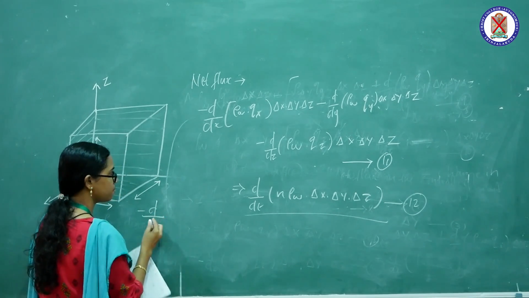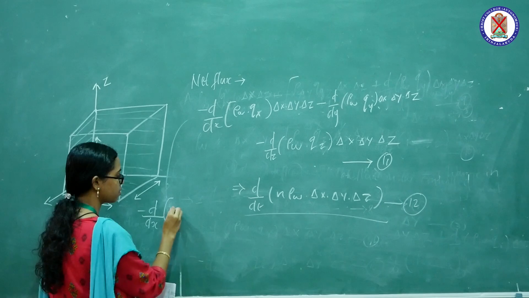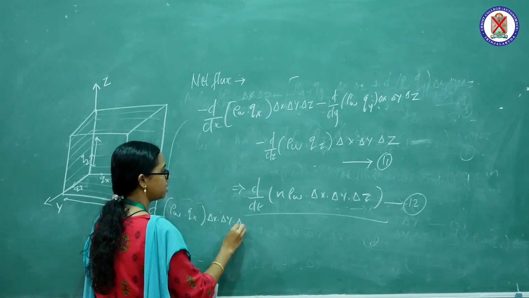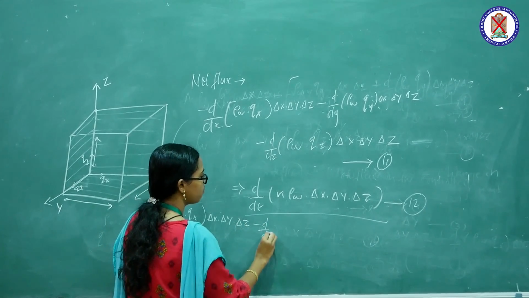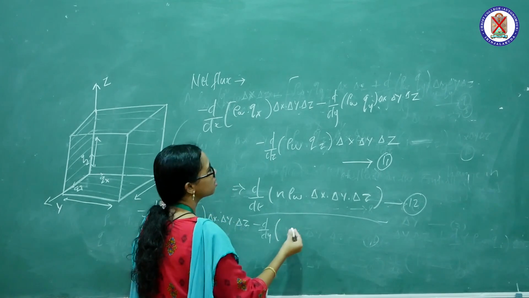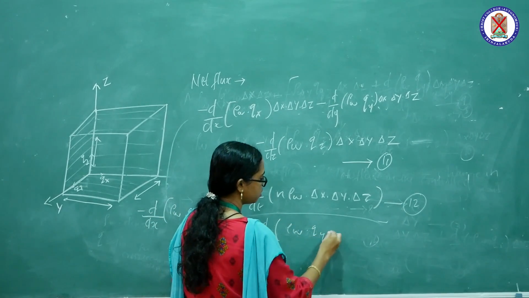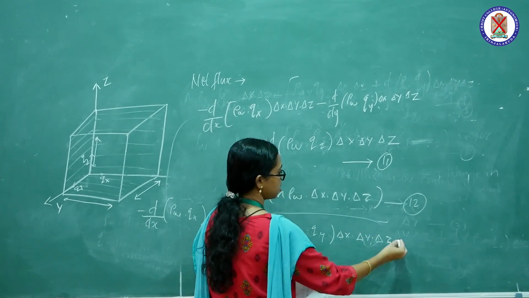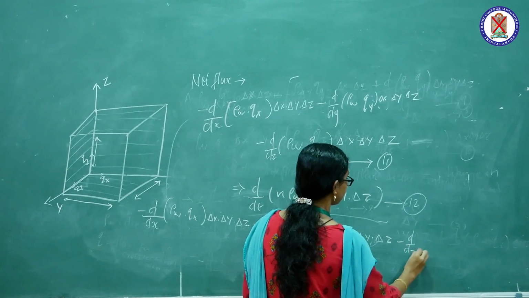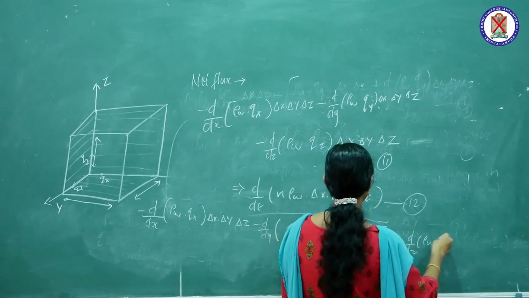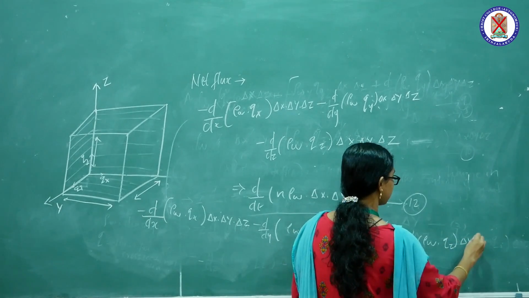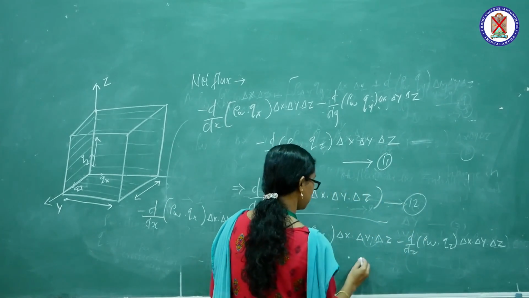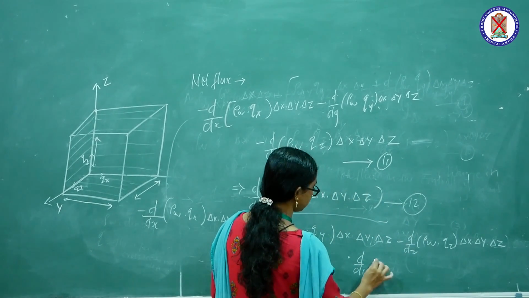So the equation will be minus d by dx of rho w into qx into delta x into delta y into delta z, minus d by dy of rho w into qy into delta x into delta y into delta z, minus d by dz of rho w into qz into delta x into delta y into delta z, equal to the change in storage with respect to time, that is d by dt of n.